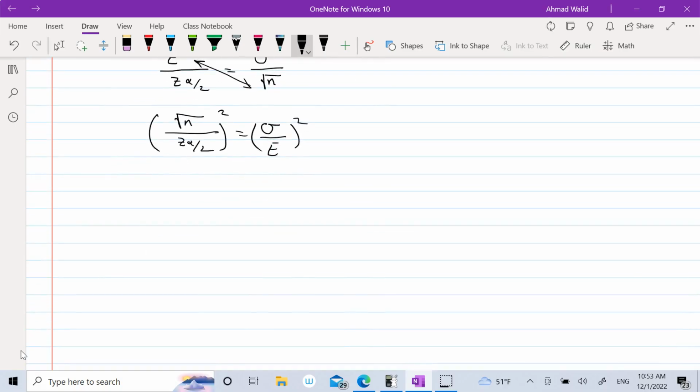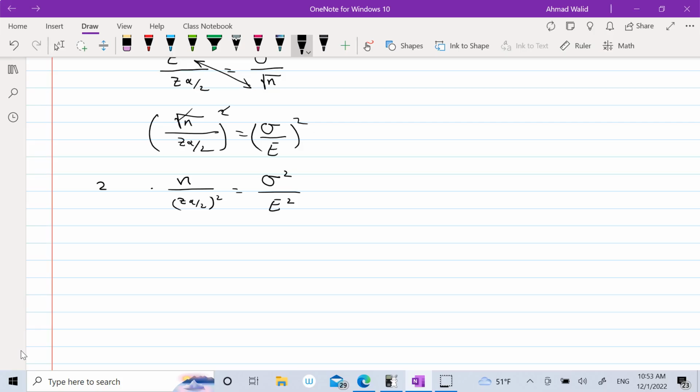Now, squaring both sides. To square both sides, the square root cancels out. I will end up with n over Z alpha over 2 squared equals sigma squared over E squared.